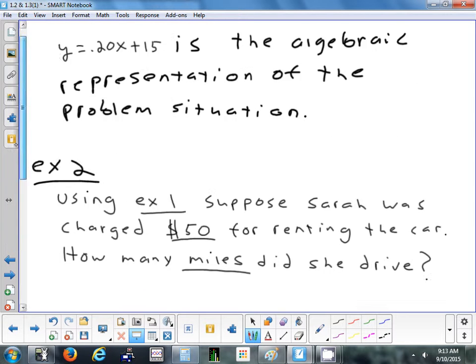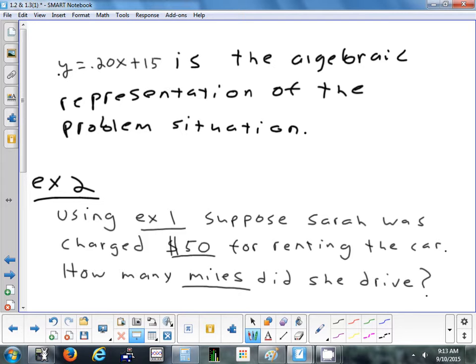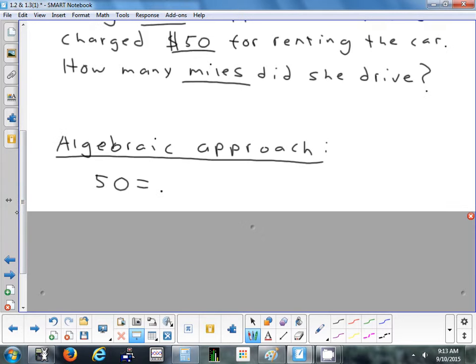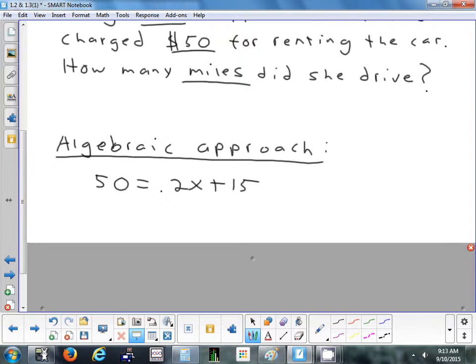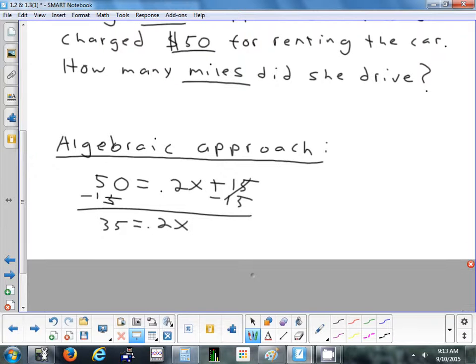So I've got 50 equals 0.2x plus 15. Okay, so let's solve that real quick. Subtract 15 from each side. 50 minus 15 is 35. And Tyler, what's my last step to get x by itself?